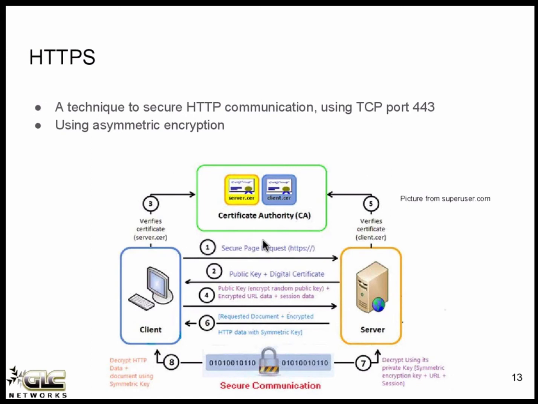Step one, you send a request, and the server responds with its public key. Whenever you want to send something, you have to download their public key first, as in step 2.